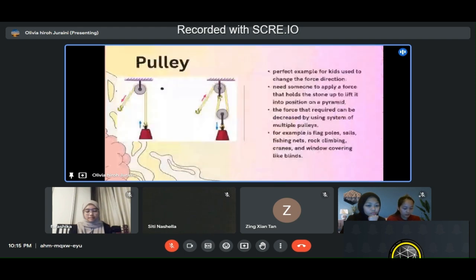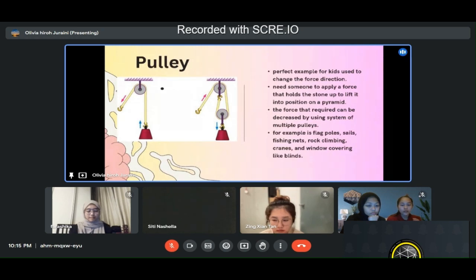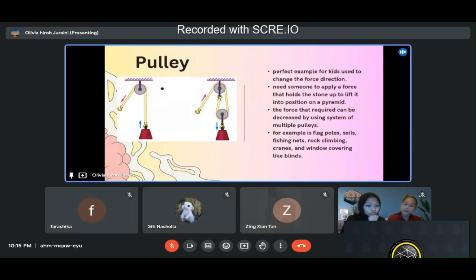The next one is the pulley. A pulley is one of the simple machines, and it is also a perfect example for kids to change the force direction. It needs someone to apply a force that holds the stone up to lift it into position on the pyramid.